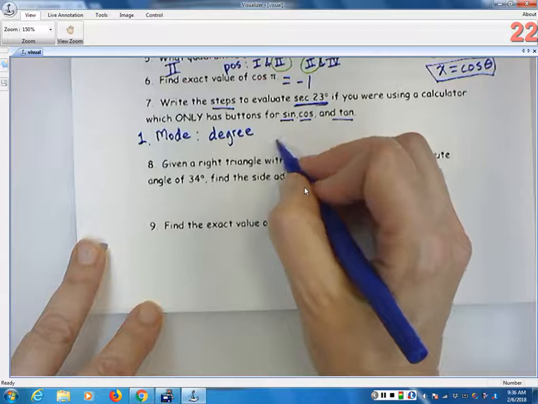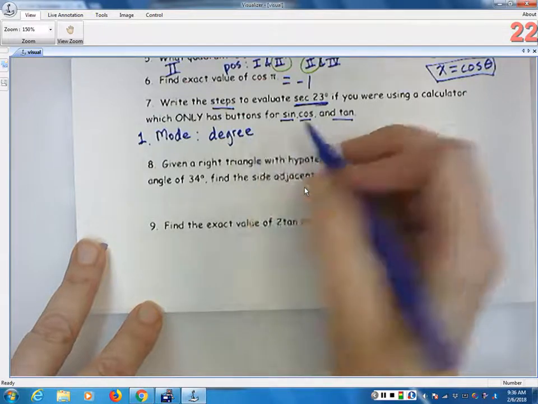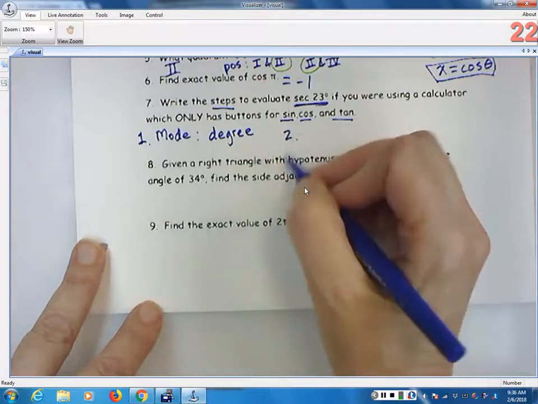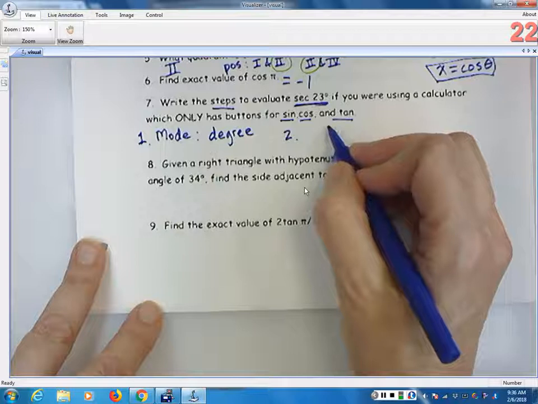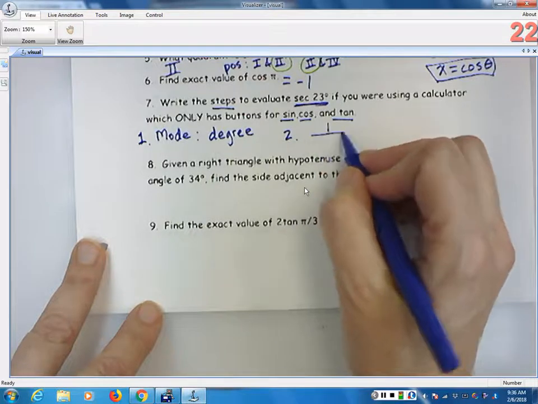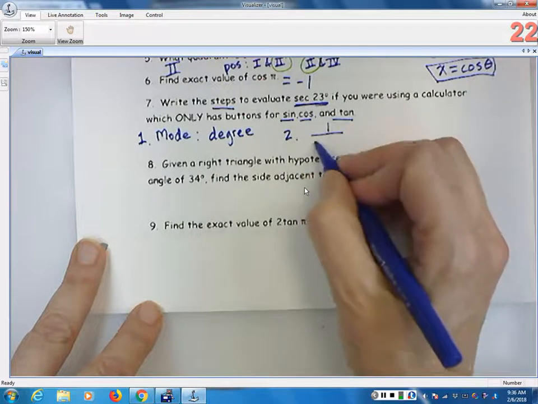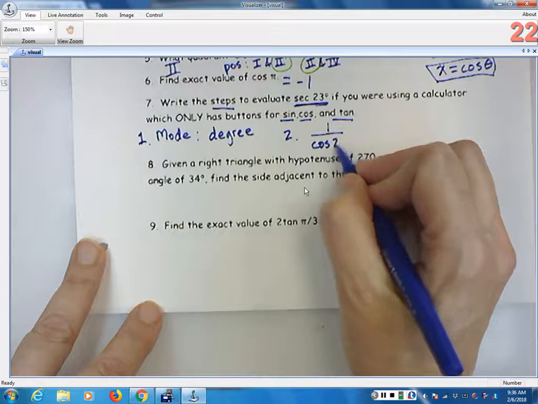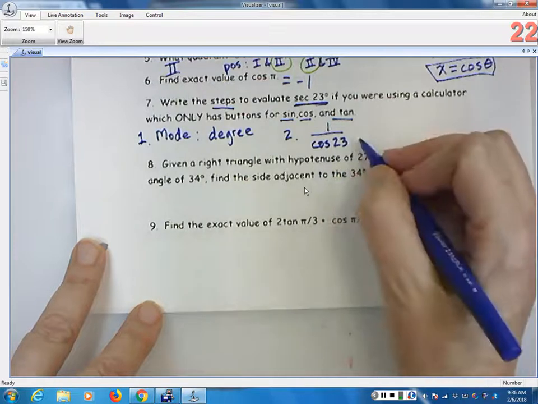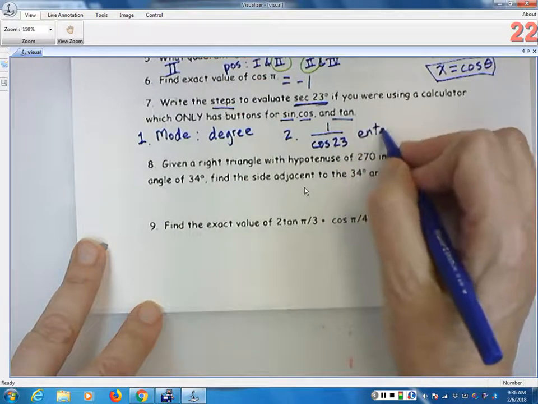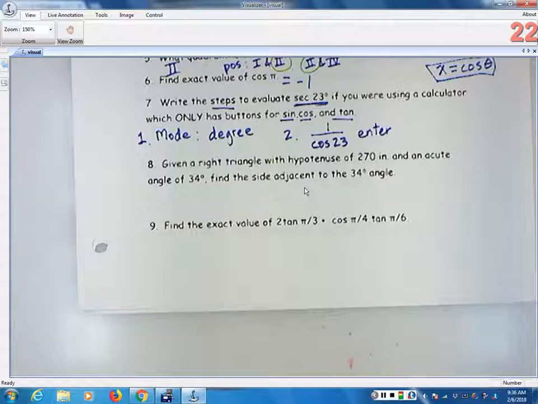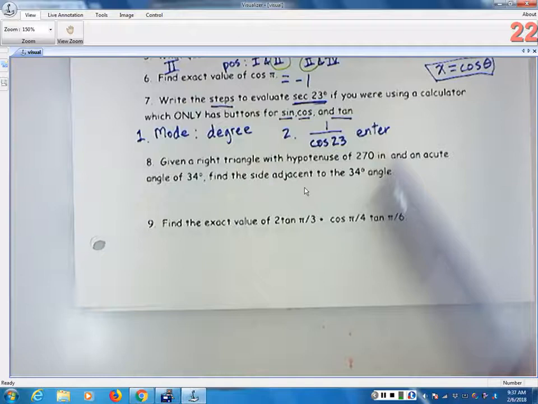So then we need to change the mode to degree mode, and then you need to type in 1 divided by cosine 23. Enter. I want detail: you need to tell me the mode and then how you would enter that.